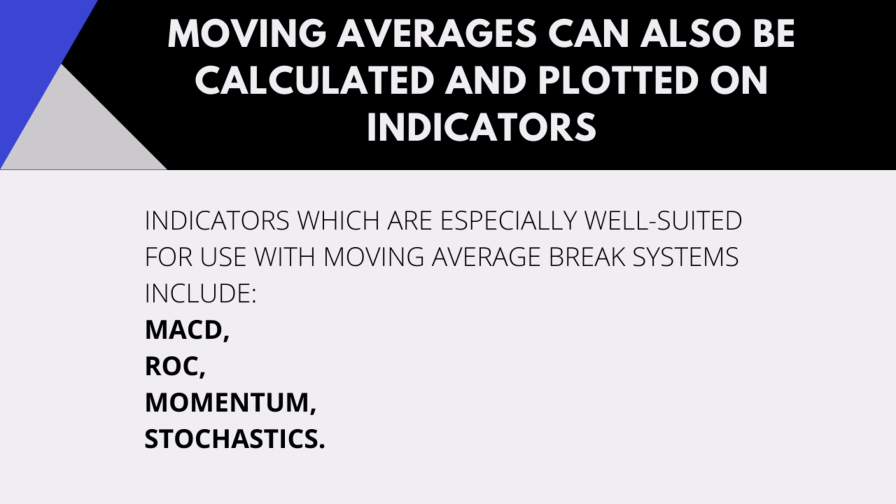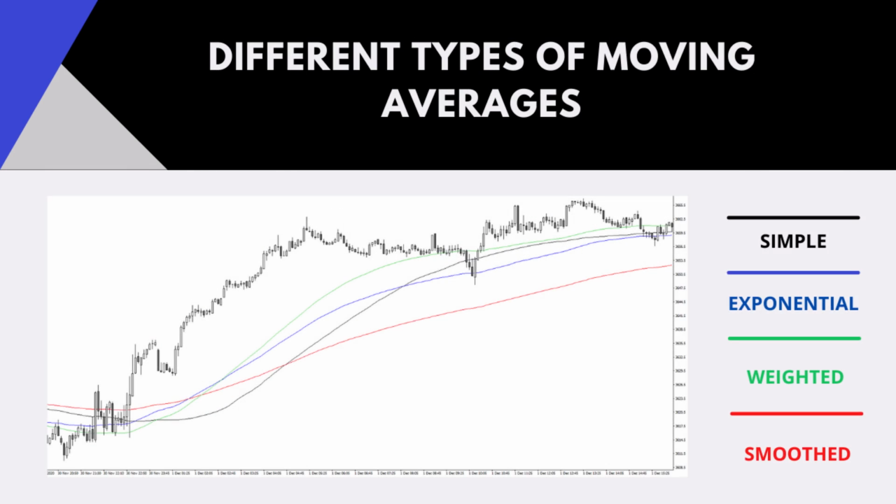Indicators which are especially well suited for use with moving average break systems include the moving average convergence-divergence, rate of change, momentum, and stochastics.